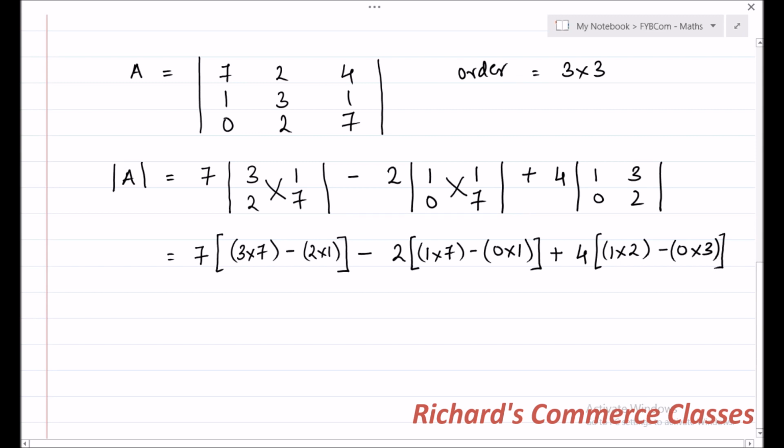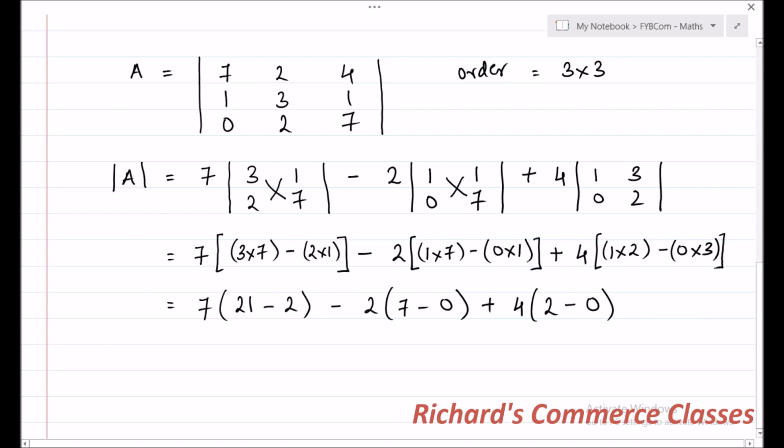If we solve further, that is equal to 7 into, 7 3s are 21 minus 2 1s are 2, minus 2 into bracket 7 minus 0, plus 4 into bracket 2 minus 0.